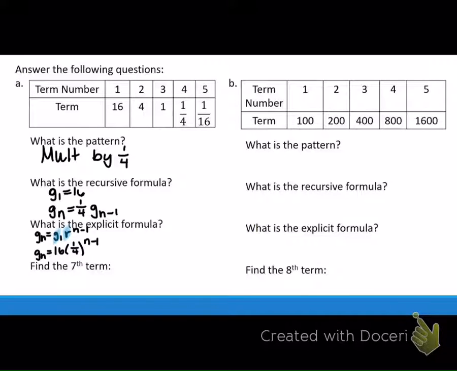So which form is easier to find the 7th term in? Explicit. So we are going to substitute in 7, which means we're raising it to what power? And tell me what you get out of that one. It's going to be a large number. 3.90625 times 10 to the negative third power. 1 over what? 256.